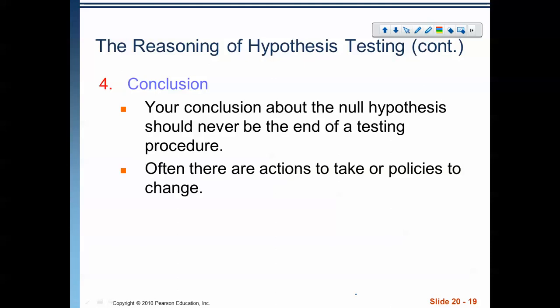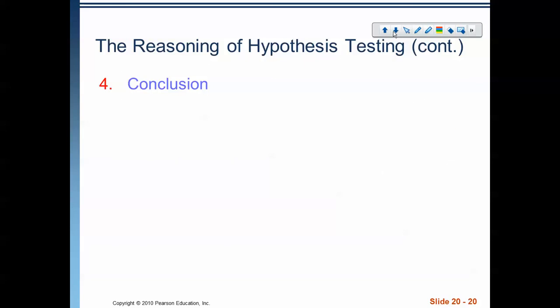Usually, once we have this information, we then use it to take some kind of action on policies or some kind of change, right? If it's found that significantly fewer teens are passing than the 80% that's claimed, this might be evidence that we need to increase the education for driving in our schools, right? We're getting significantly less than we should, so let's change something.